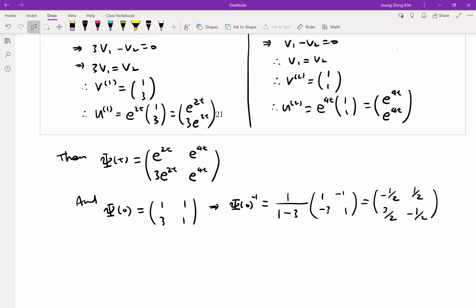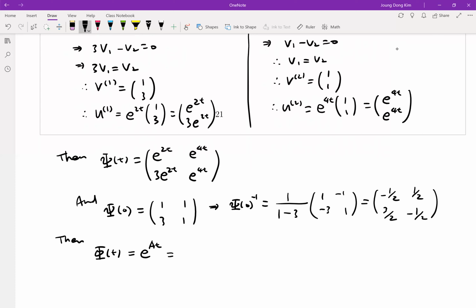Here we go. Φ(t) is equal to Ψ(t) times Ψ(0) inverse. Also, in this section, as I told you, this Φ(t) can be denoted by e to the At, which is named the matrix exponential function. Again, they are the same.